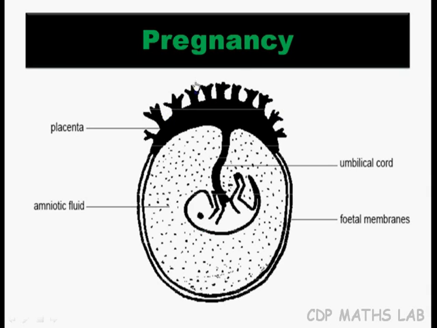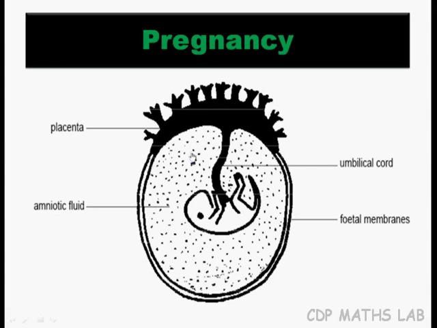So the wall of the uterus is somewhere about here. Now, this structure that you see coming from the placenta to the fetus is called the umbilical cord. Now, the function of the umbilical cord is to carry substances to the fetus and away from the fetus. We look at that in a little while.